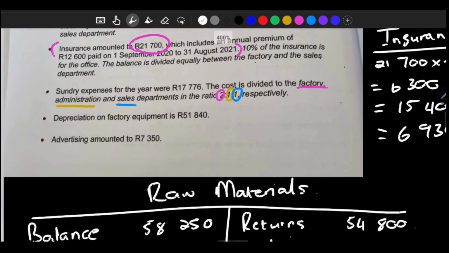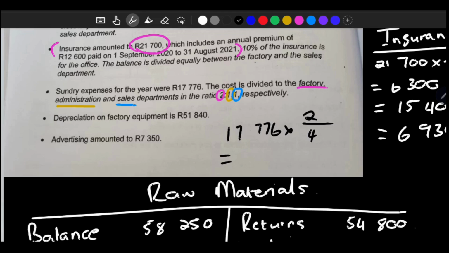What we do there, simple, we will say 17,776 multiplied by, we're looking for 2 parts, which is factory, out of how many parts are there in total? 2 for factory plus 1 for admin plus 1 for sales. So there's 4 parts in total.